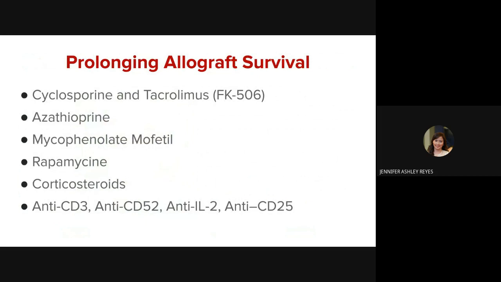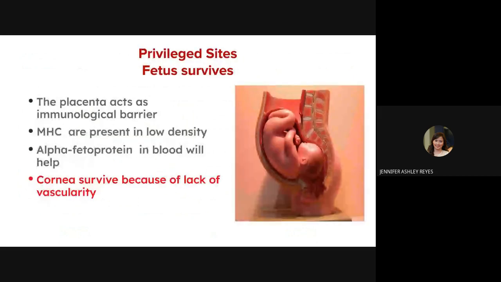So sige, take a screenshot or a picture tapos tingnan nyo ano ba yung mga mechanisms overview of some of these drugs. So meron tayong tinatawag na privileged sites. The privileged sites are those areas wherein there is less likely rejection.